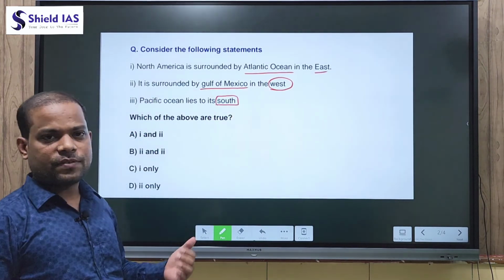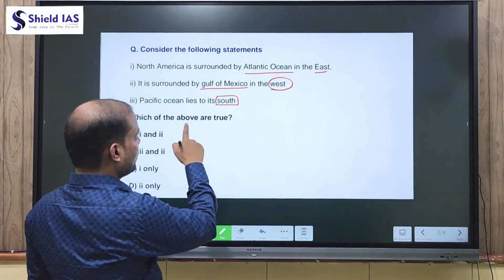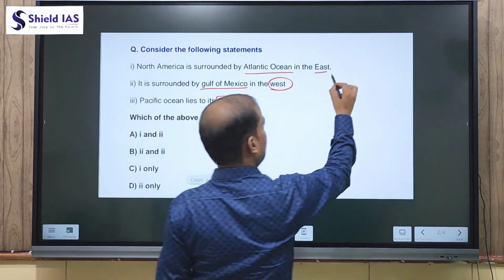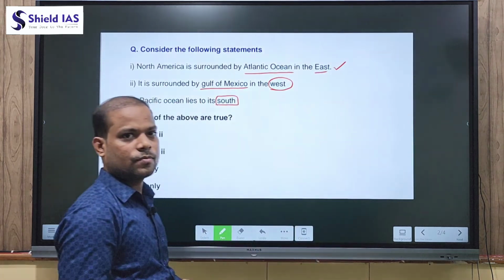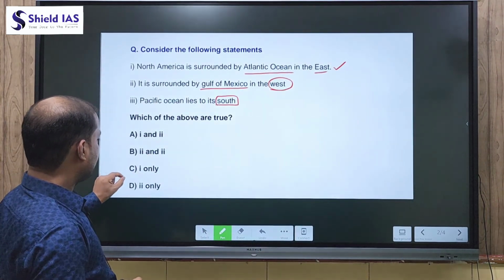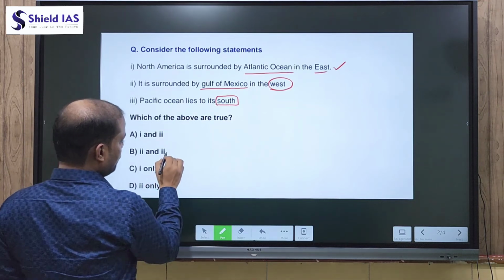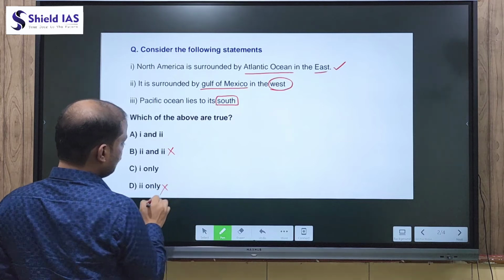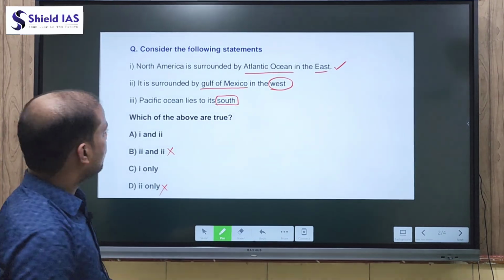As you have seen in the previous slide, North America is surrounded by the Atlantic Ocean in the east. Yes, this statement is correct. So here statement 1 is correct, which means option A, option C, and statement 1 is not available in options B and D, so you can eliminate those options.